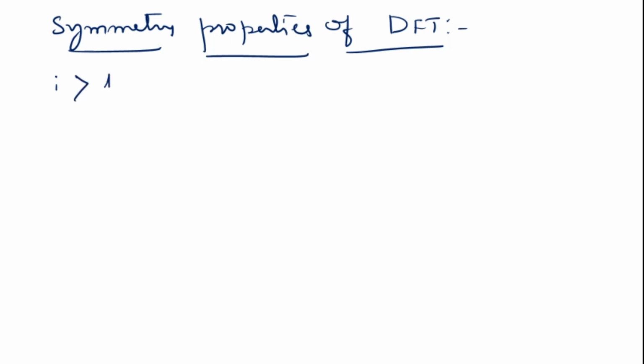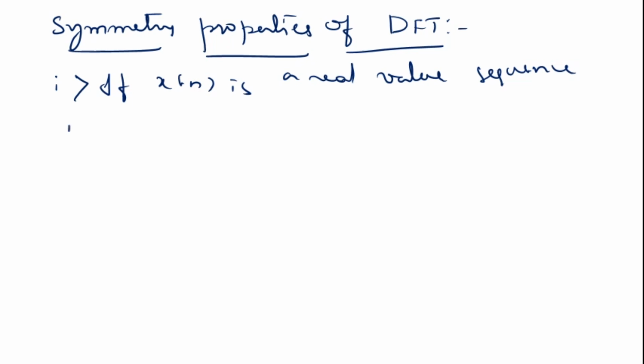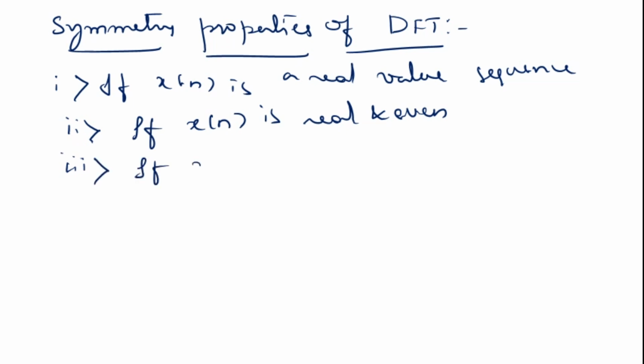First one, if x of n is a real value sequence. Second one is if x of n is real and even. Third one is if x of n is real and odd.